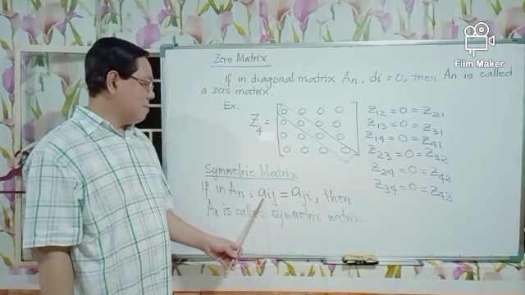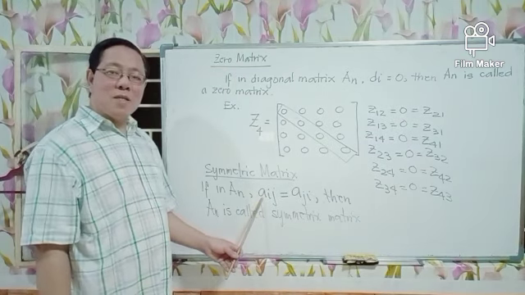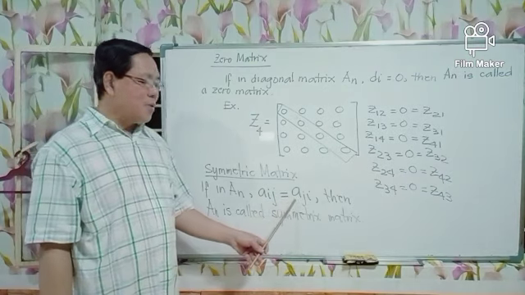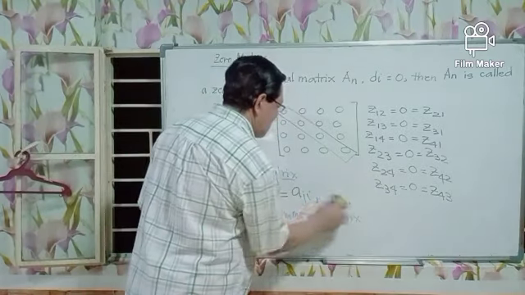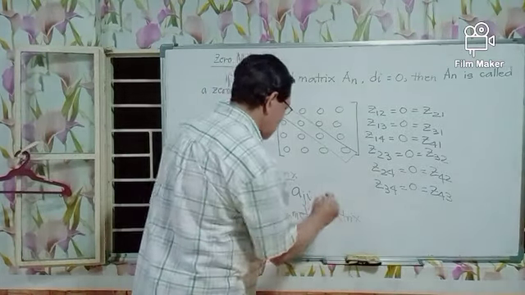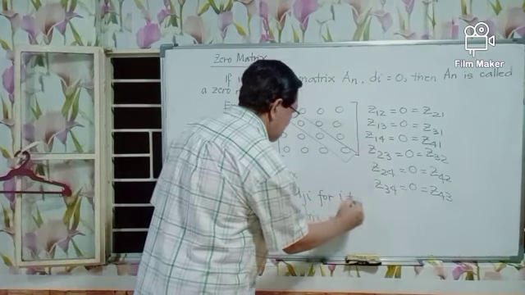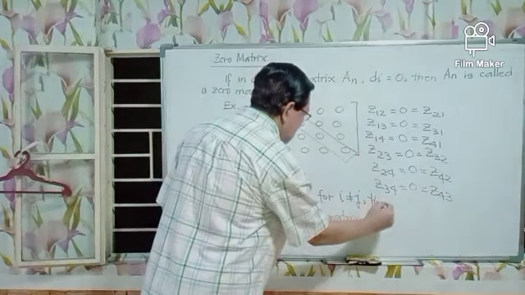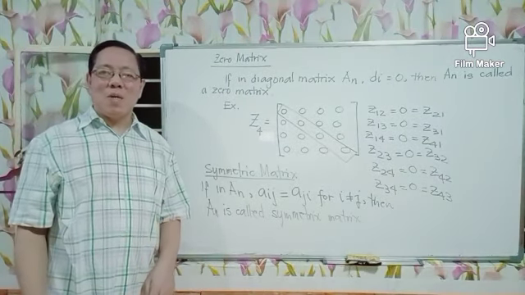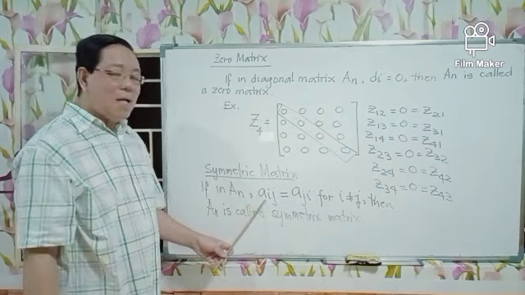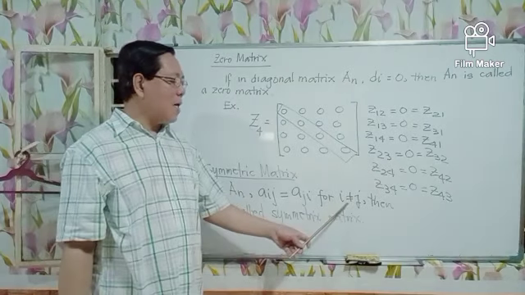The entry A sub ij must be equal to the entry A sub ji. Again, for the square matrix A sub n to be a symmetric matrix, the entries A sub ij must be equal to A sub ji, for i not equal to j.